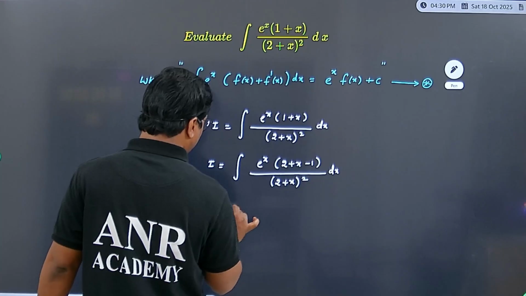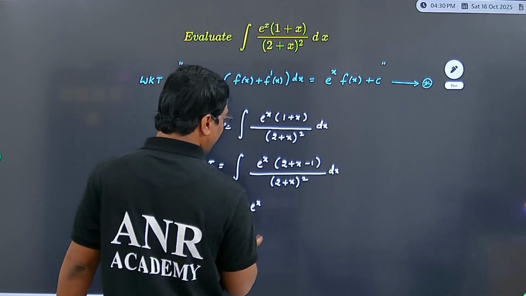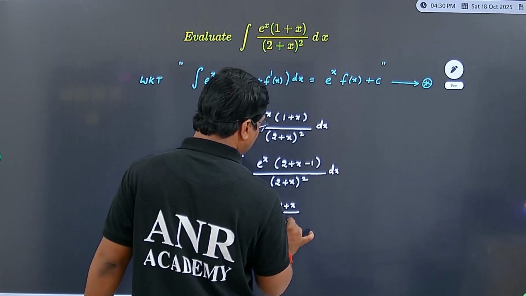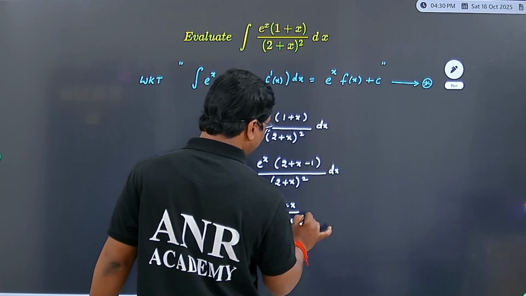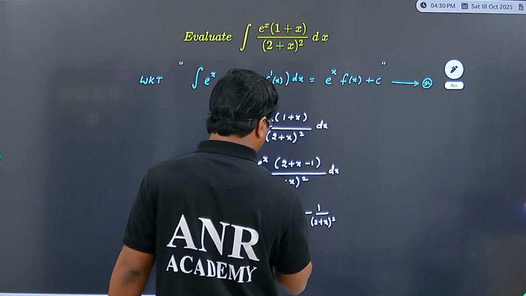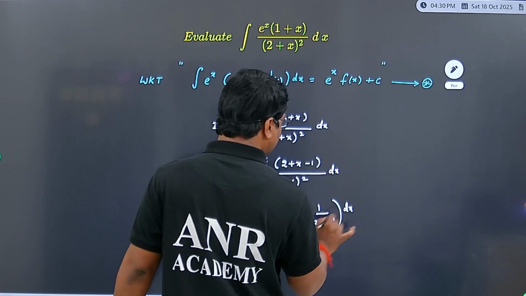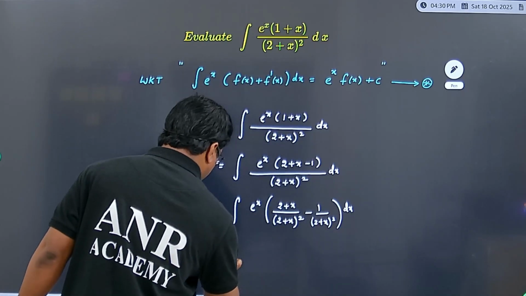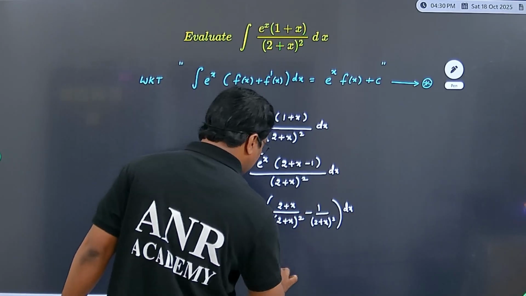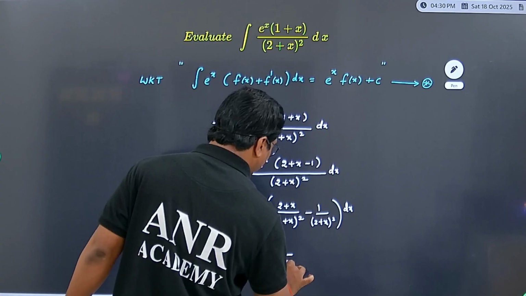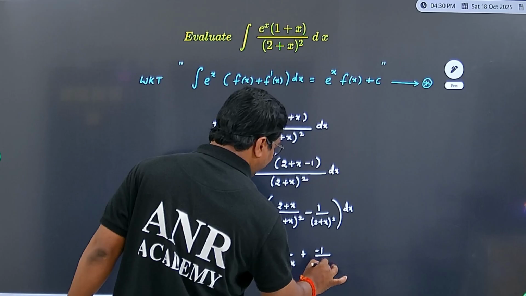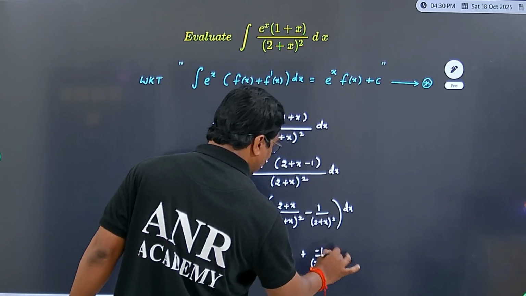Next, the value of I equal to integral e power x, next 2 plus x separately, and minus 1 by 2 plus x whole square separately, into dx. Now the value of I equal to integral e power x into 2 plus x by 2 plus x whole square, that is just 1 by 2 plus x, next plus minus 1 by 2 plus x whole square dx.